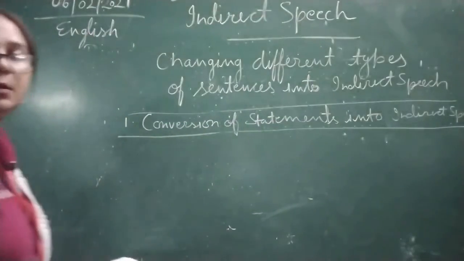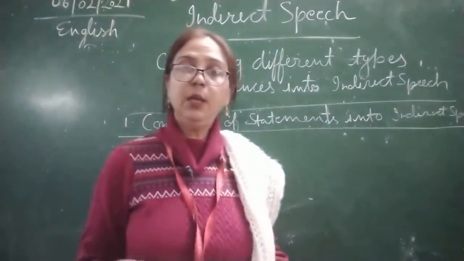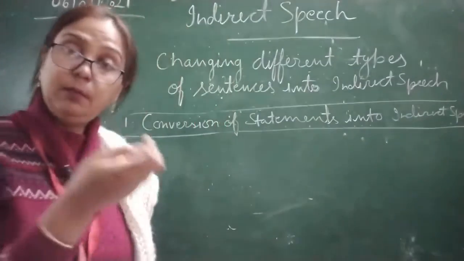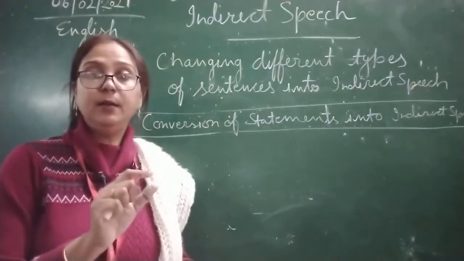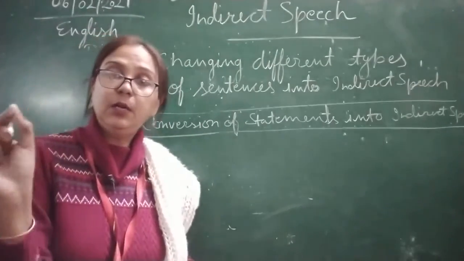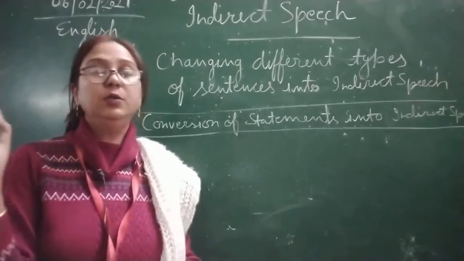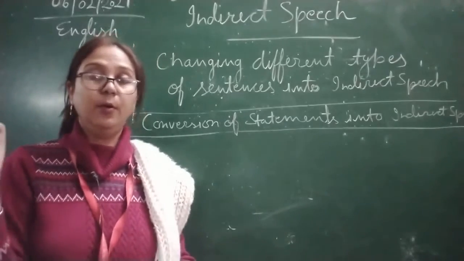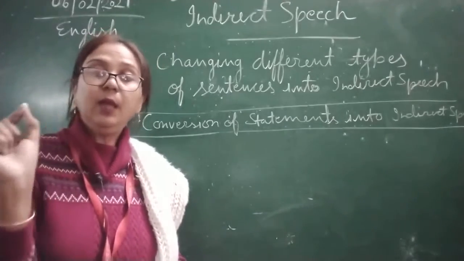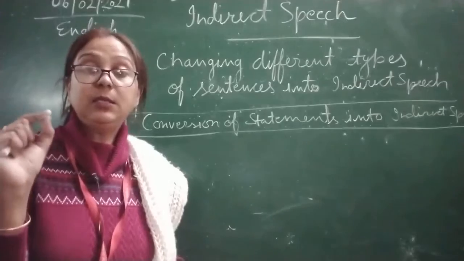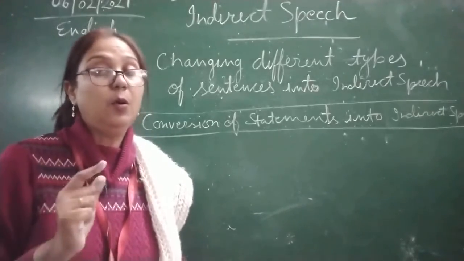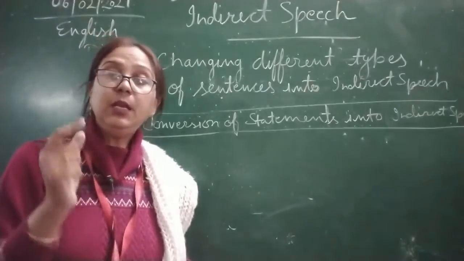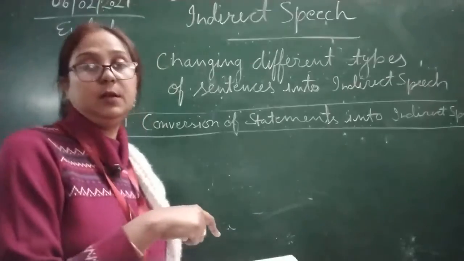Now as we do in direct speech, we just write that Ram said, comma, and after that inverted commas start: I am going to the market, and inverted commas close. This way we are giving the statement of the particular person. But if we are talking about indirect speech, how will we convert it?